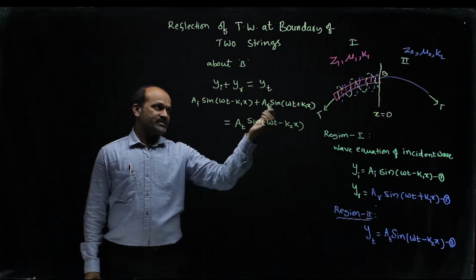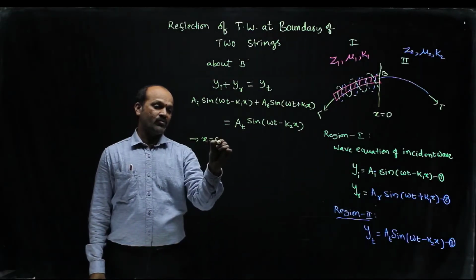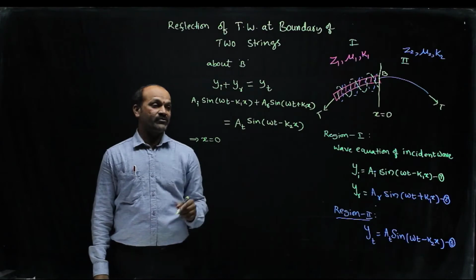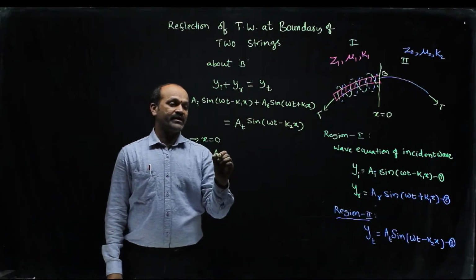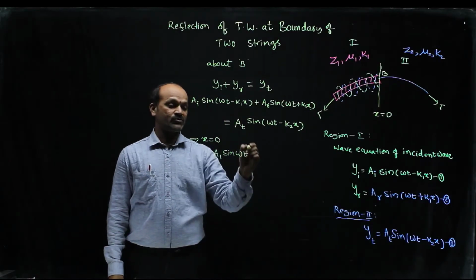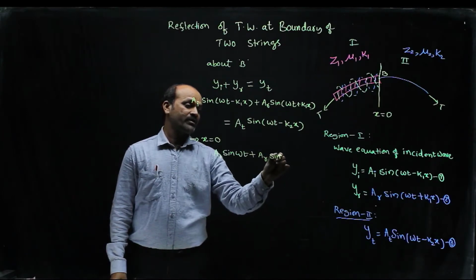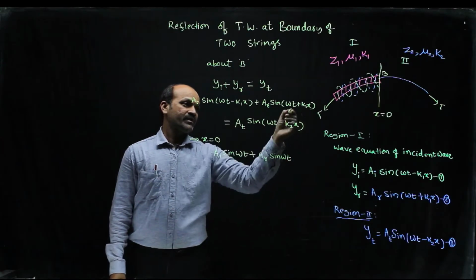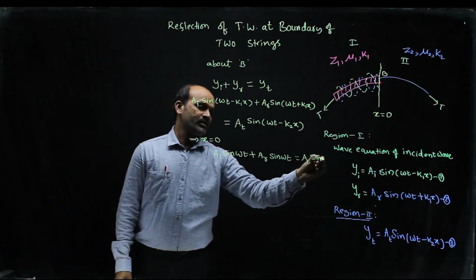Let us apply this at B. We have considered x equal to 0 at the boundary. If we substitute x equal to 0 in this equation, we get a1 sin omega t plus ar sin omega t is equal to at sin omega t.